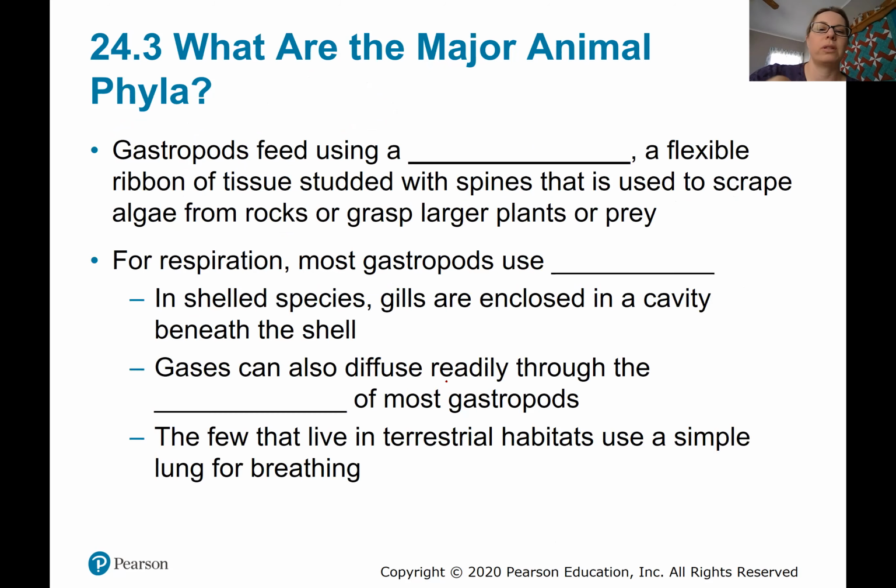Gastropods feed using what's called a radula, R-A-D-U-L-A. And that's basically, it's like a tongue, in quotations, a tongue that has little scraping mechanisms on there to help scrape algae from rocks and other places, plant material and so forth.